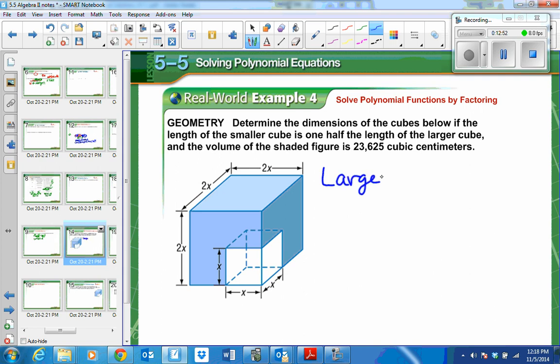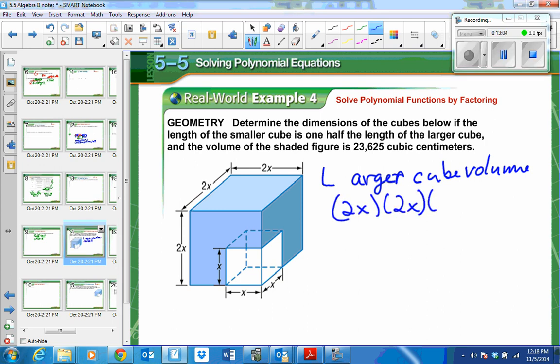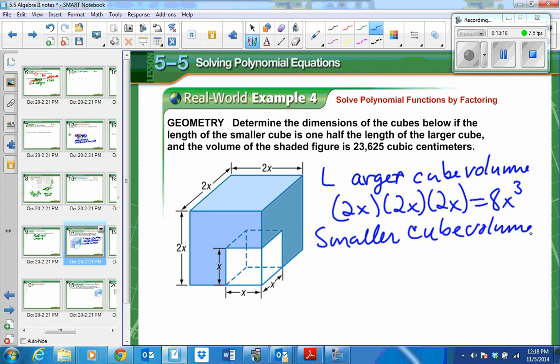So the larger cube volume, each side of the larger cube is 2x, so we want to take length times width times height, and that gives us 8x cubed. The smaller cube volume, each side is x, so we're going to say x times x times x equals x cubed.